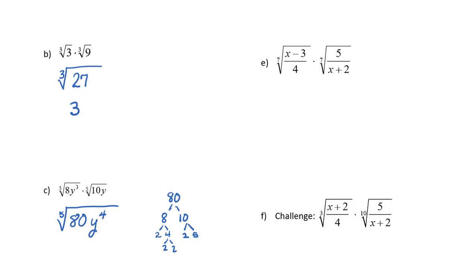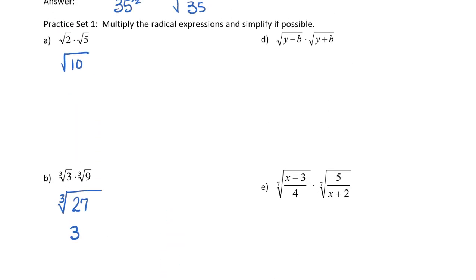Now let's go back up and look at part D. We have the square root of y minus b times the square root of y plus b. We can rewrite this as the square root of y minus b times y plus b. Notice I put both binomial factors inside the radical.